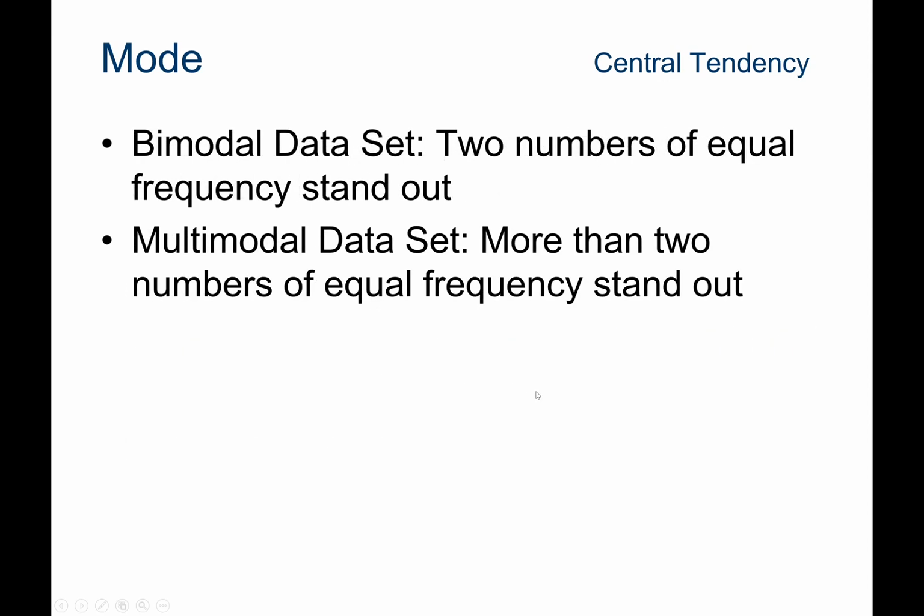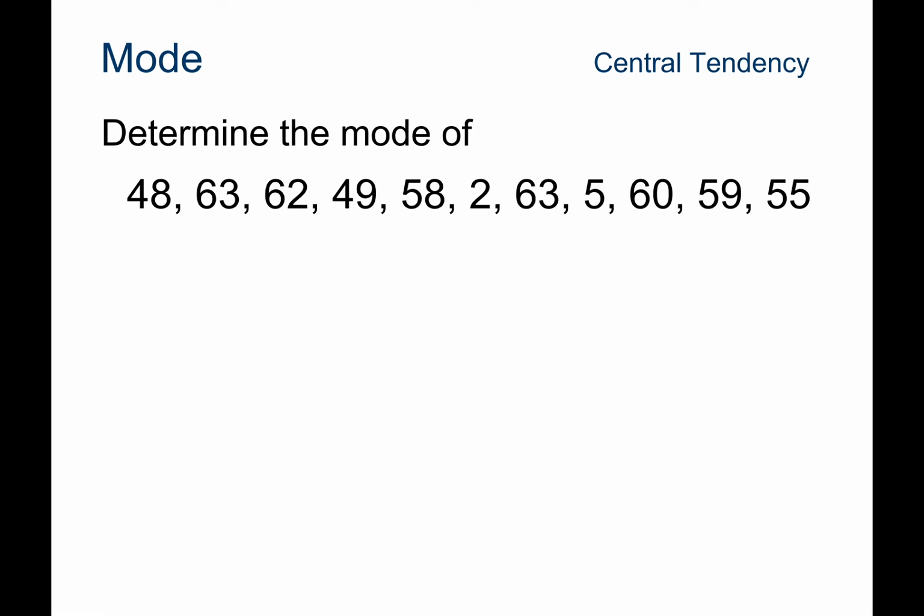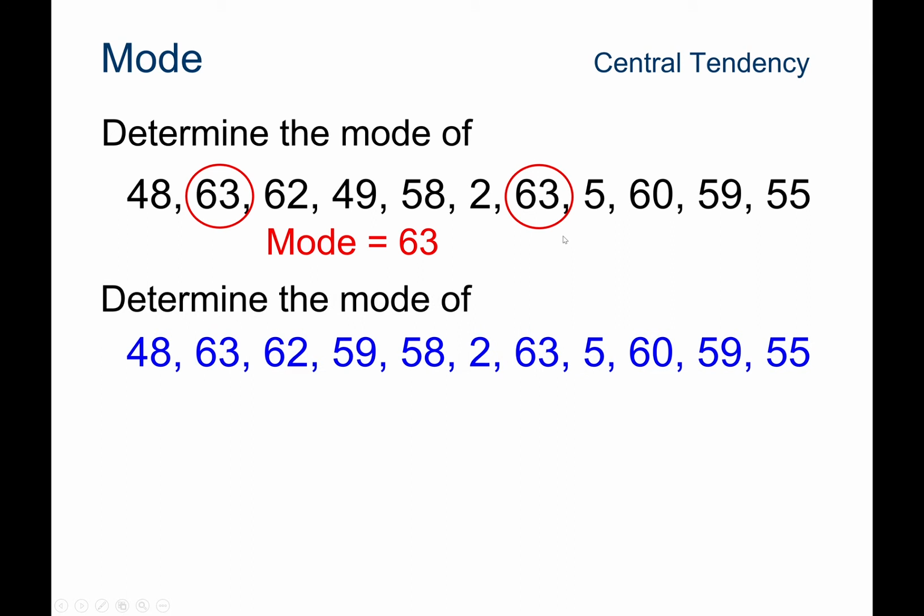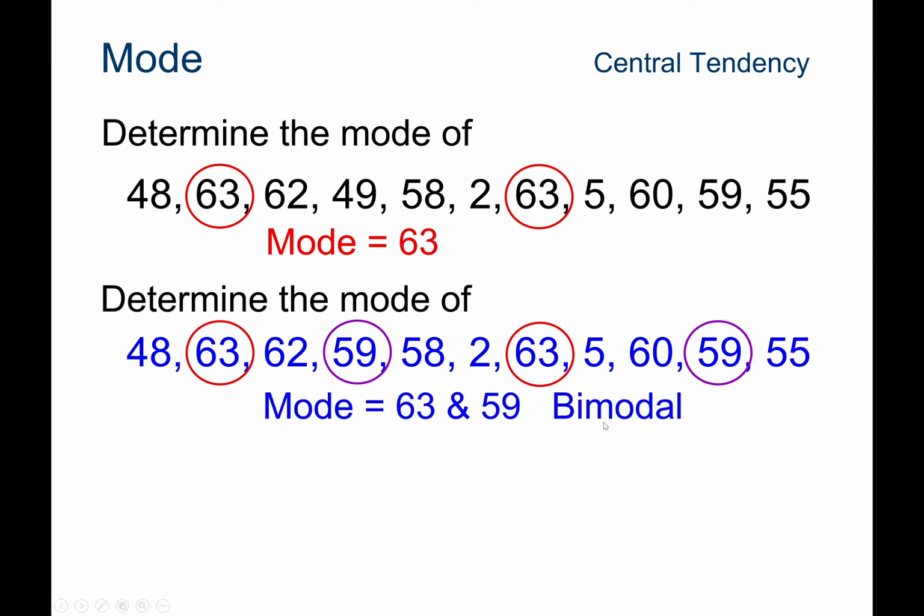Now on occasion, you're going to get a set of data where you have multiple numbers that appear multiple times. For example, in this set, it's just the number 63 appearing twice. But in my second set, 63 appears twice and 59 appears twice. We call this bimodal because there's two, bi means two, there's two different modes.